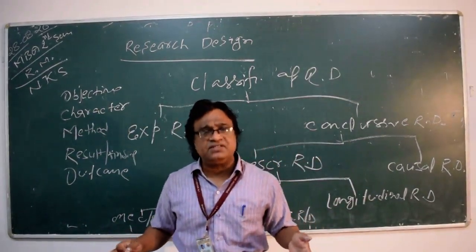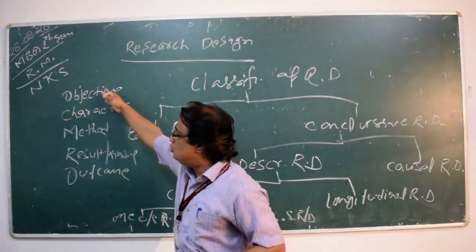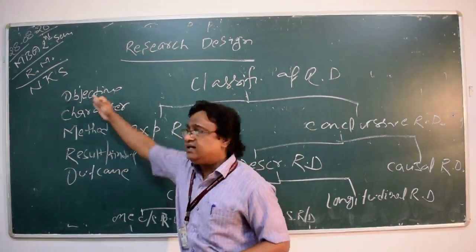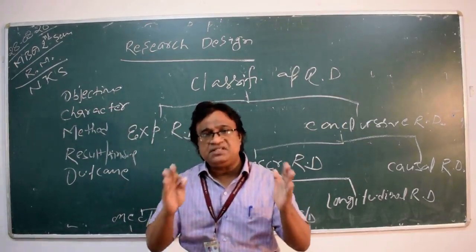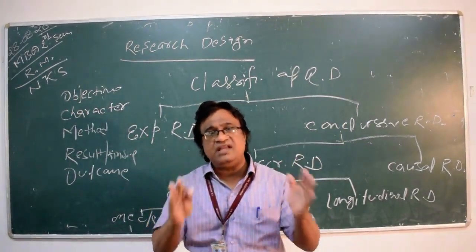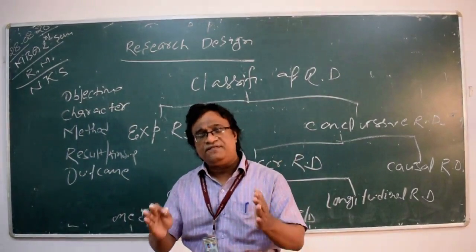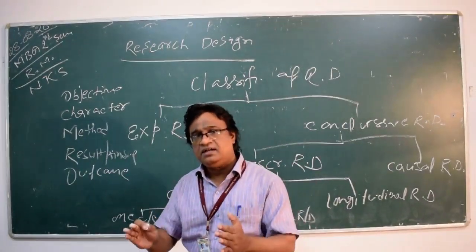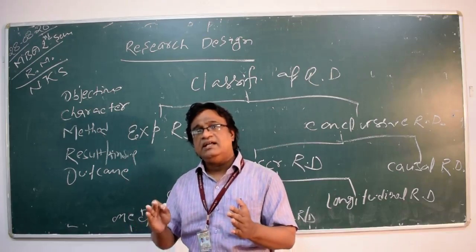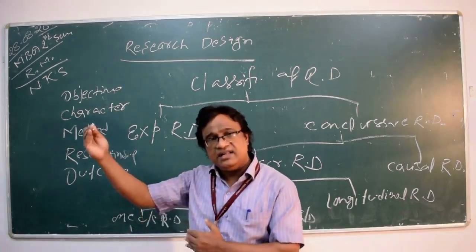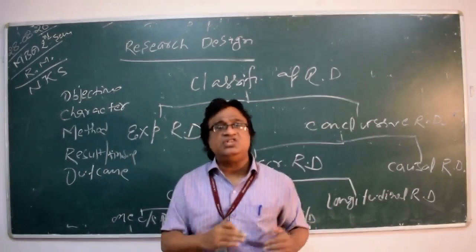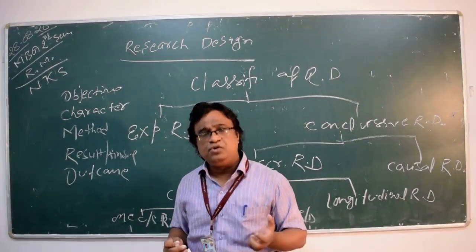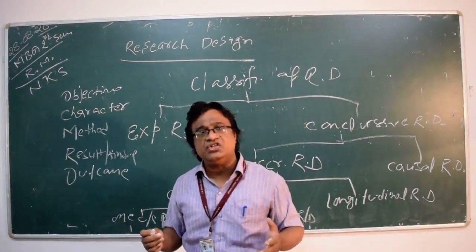What is descriptive research? Again, we will go through five dimensions to understand it. Objective: the objective of descriptive research is to describe the characteristics of any object or subject or event or occurrence in which the researcher is interested. For example, suppose you are doing some marketing research.